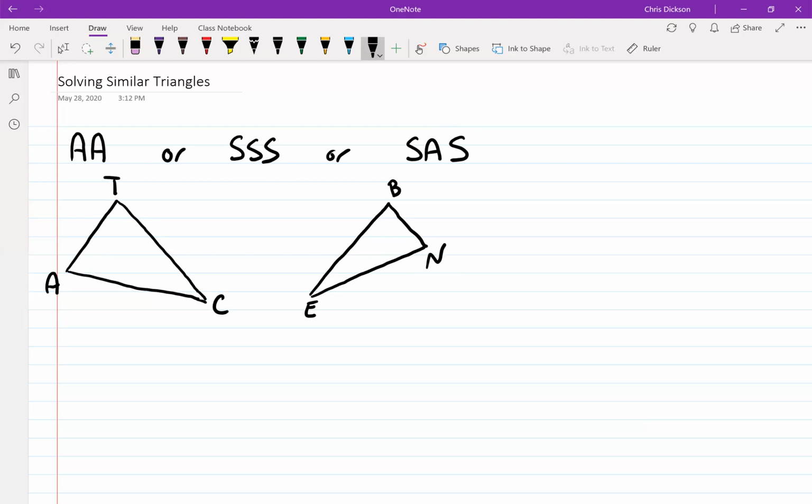Now, let's say you were told this side was 8, and this side was 12. And the side over here you knew was 4, and this was 6. And we told you that this angle was the same as this angle, okay? And then we ask you, are these triangles similar? So are they similar?